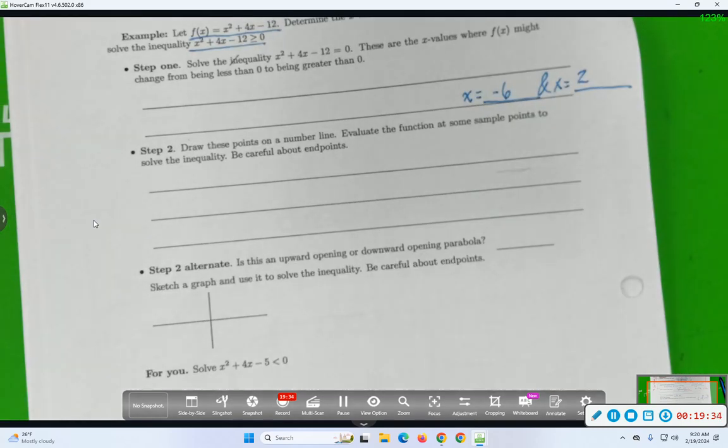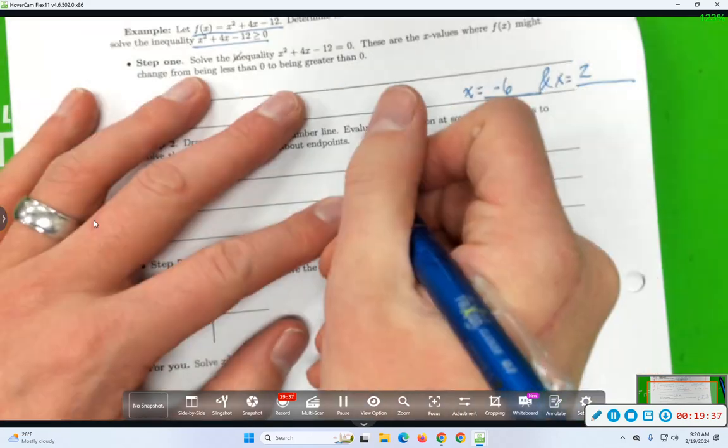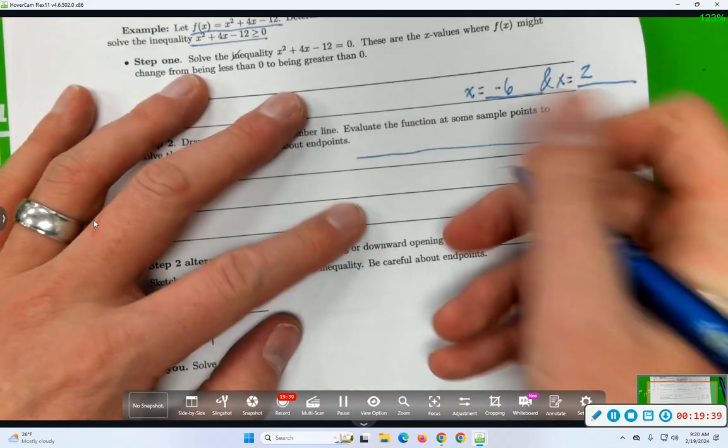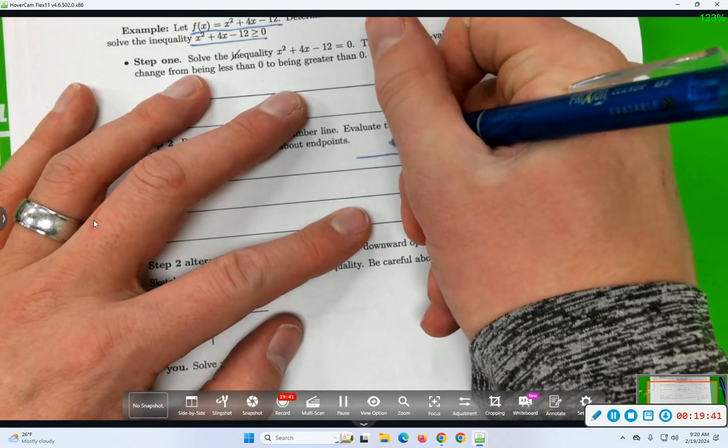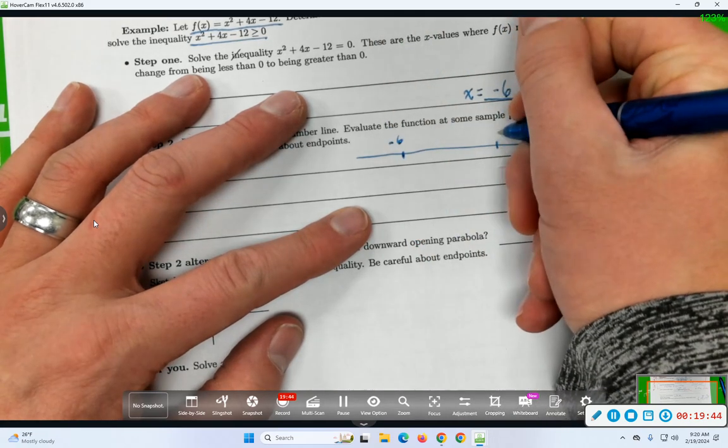All right, so let's put those on a number line, and let's think about what those mean. There's this point at -6, farther to the right is 2.